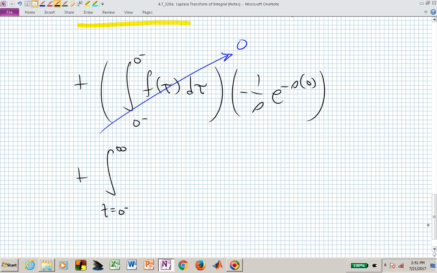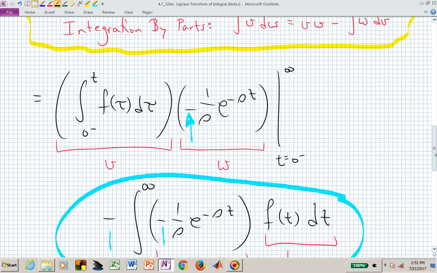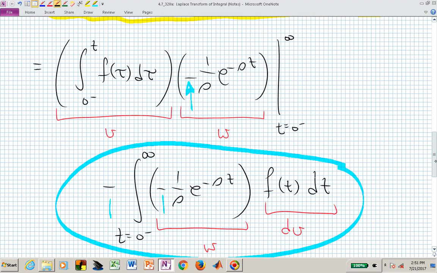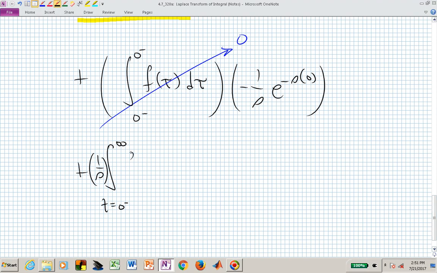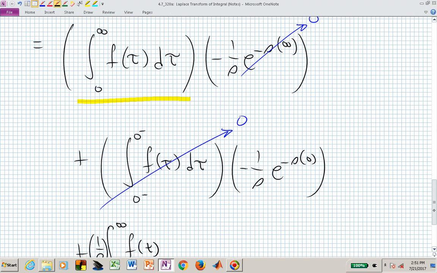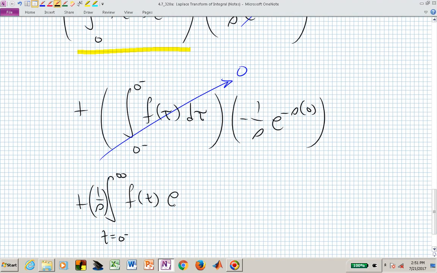So let's go ahead and do that. We now have this 1 over s out front. We have f of t scaled by this exponential e to the minus st dt.